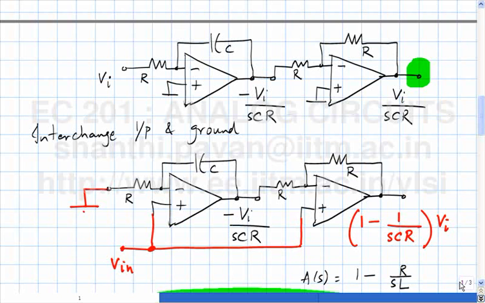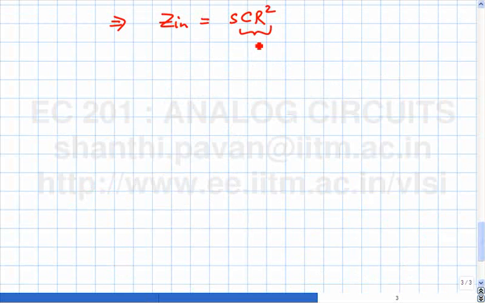The number of ways in which you can realize an inductor are infinite. The nice thing about this is that to get a large inductance, what do you need? You need a large resistor. Even if you have a small capacitance, the inductance value you get is proportional to R square. So with large resistors, you can get a large inductance.